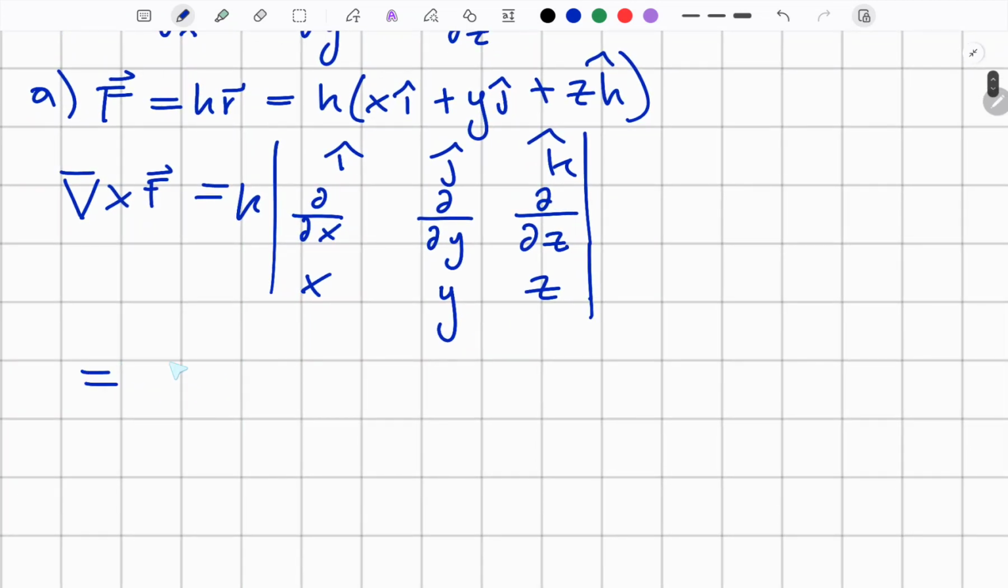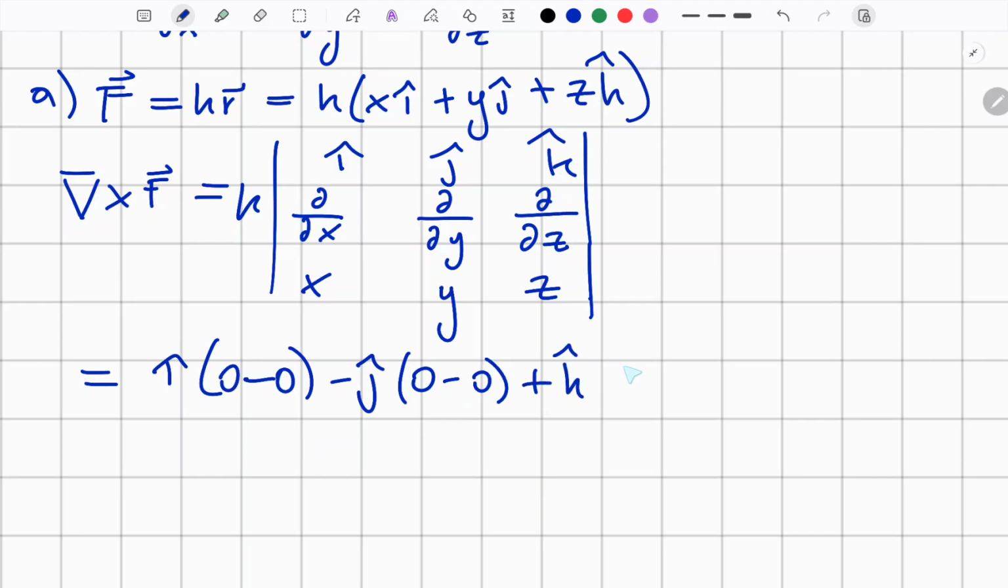So when we take this determinant, we have I times the partial with respect to Y of Z, which is just going to be 0, minus the partial with respect to Z of Y, which is also 0, minus our J, and that's going to be partial with respect to X of Z, 0, partial with respect to Z of X, also 0, plus our K. That's going to turn out to be 0 minus 0 once again.